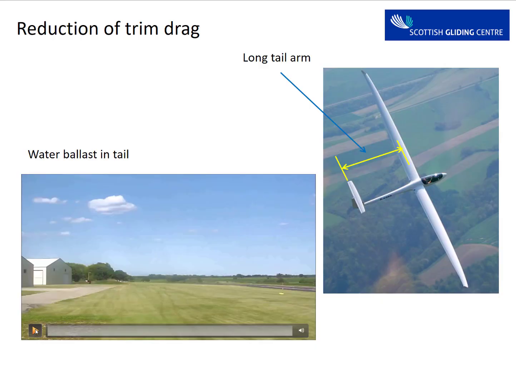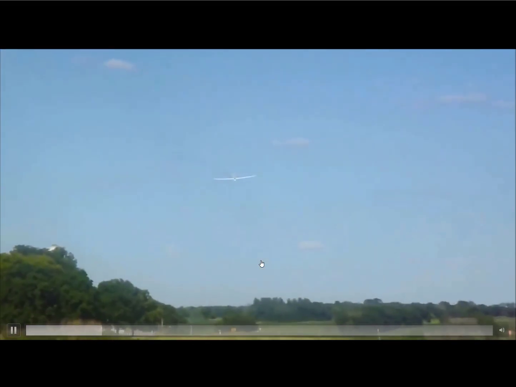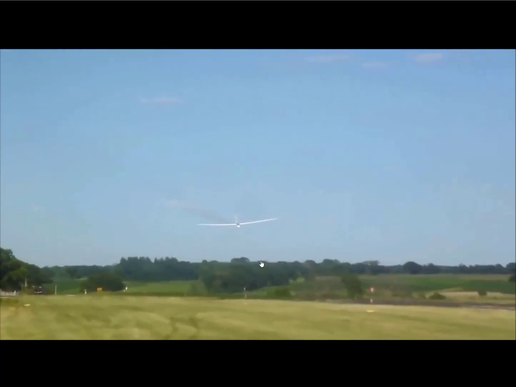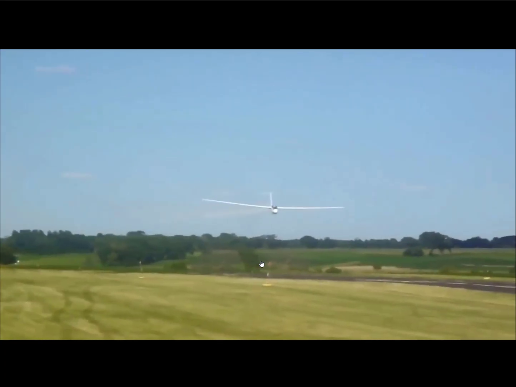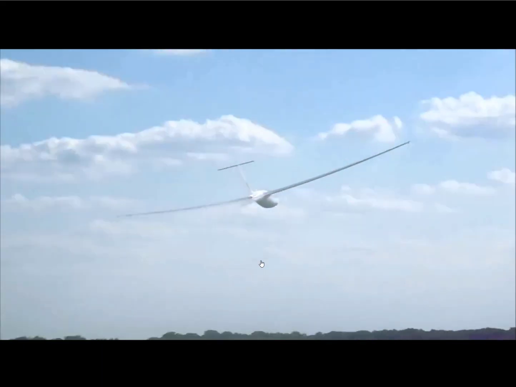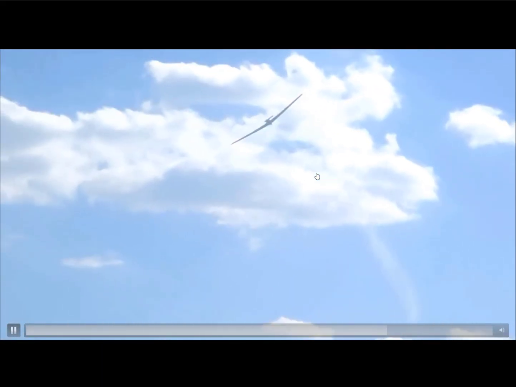The other thing we can do is we can put water ballast into the tail to get the centre of gravity in the right location, that the moment generated by the lift force is quite small, and therefore the tail forces need to be small as well. And here we see an aircraft smoking, i.e. dumping the water ballast at the end of the flight, such that they can land without the water ballast.